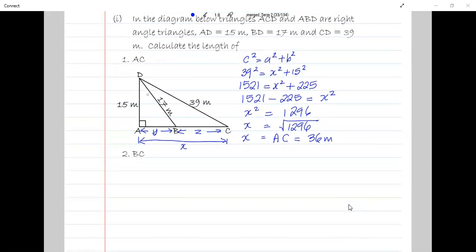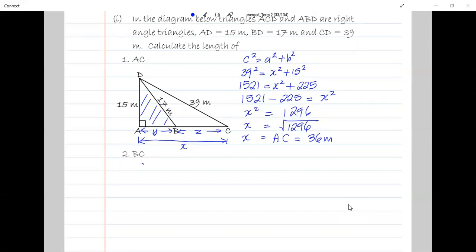Y is part of this little right angle triangle here. And of that little right angle triangle, I know the length of two sides. I know that the hypotenuse, which is in front of the right angle, is 17 meters. And the other two sides are Y and 15 meters.